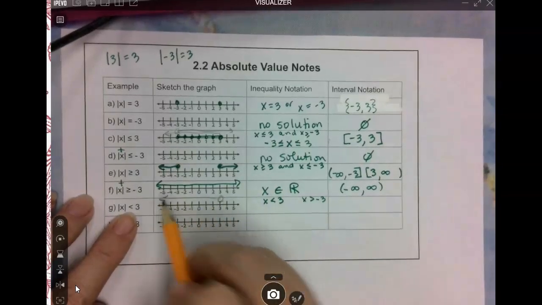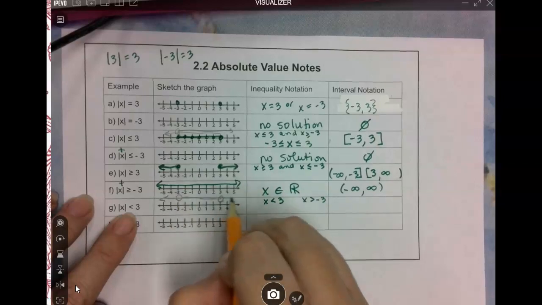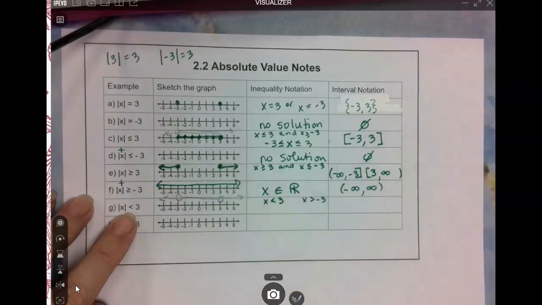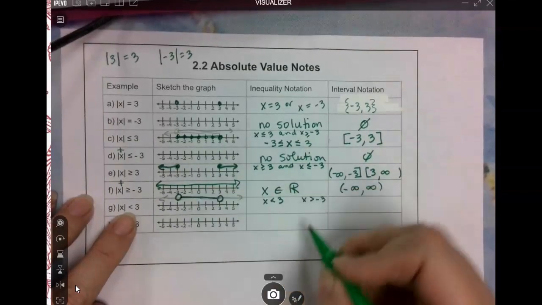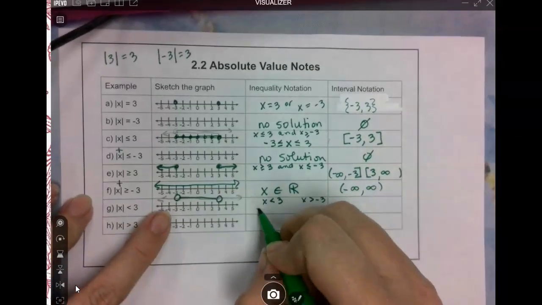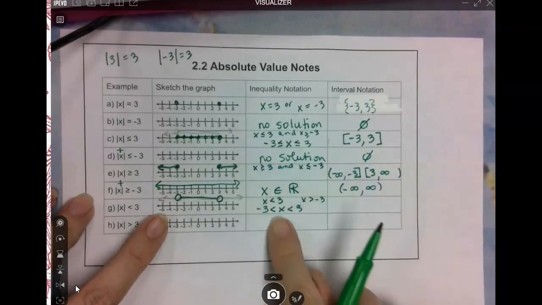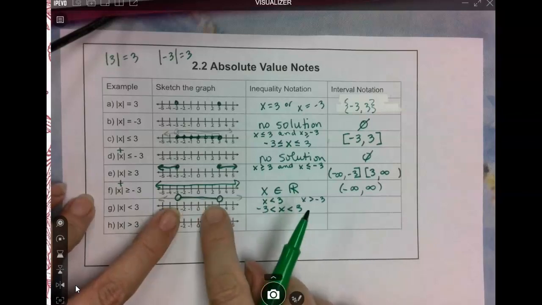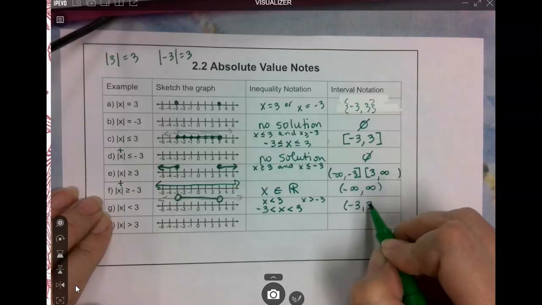I'm going to go that way. And then x is greater than -3, so that's going to start right here and go this way. So the overlap is in the middle right here. So I'm going to write this one as -3 less than x less than 3. I can put it in one piece because there's just one piece here. And I can write it over here as -3 and 3.